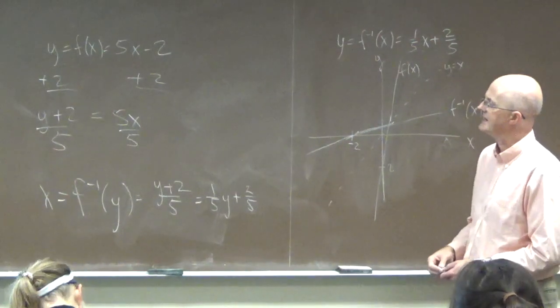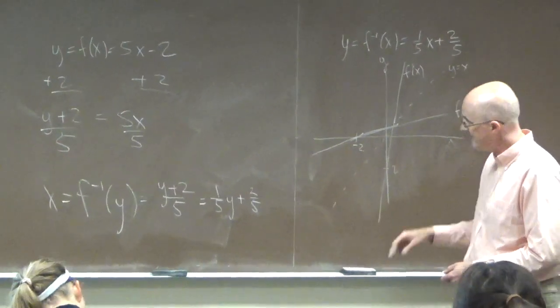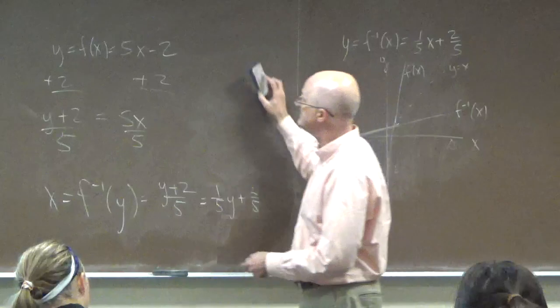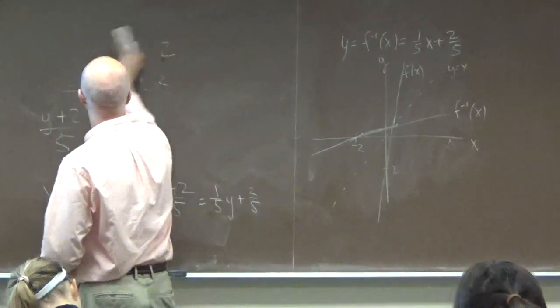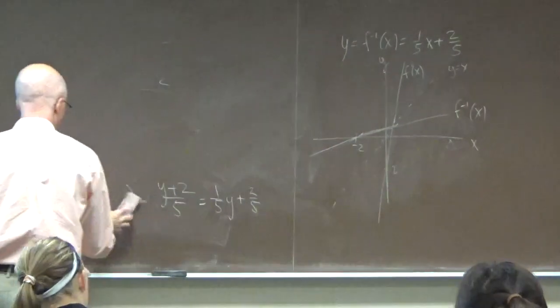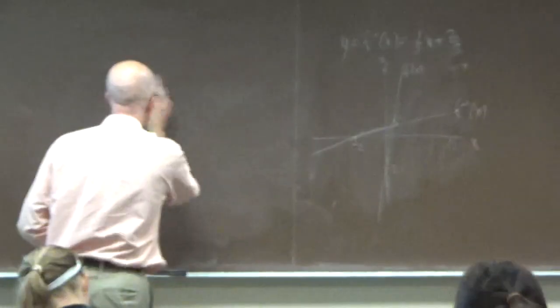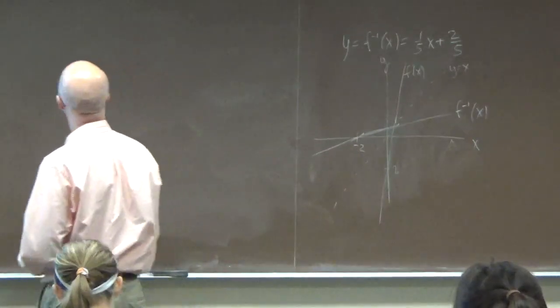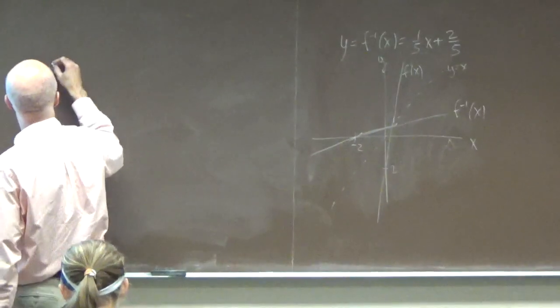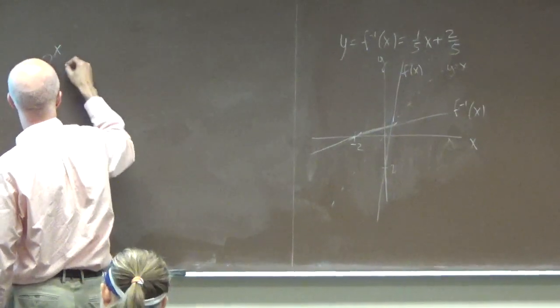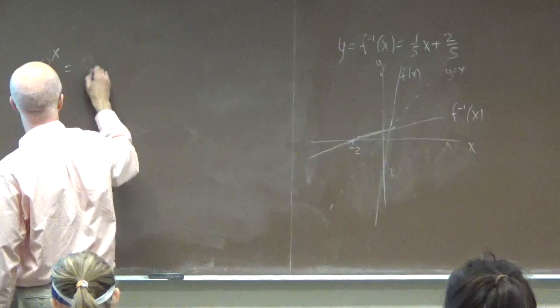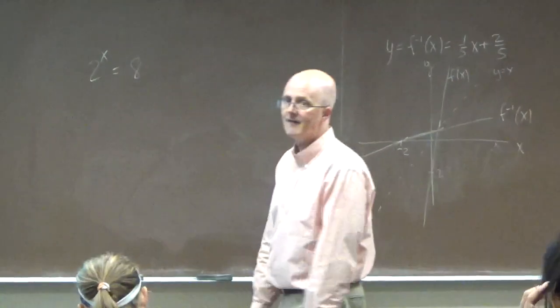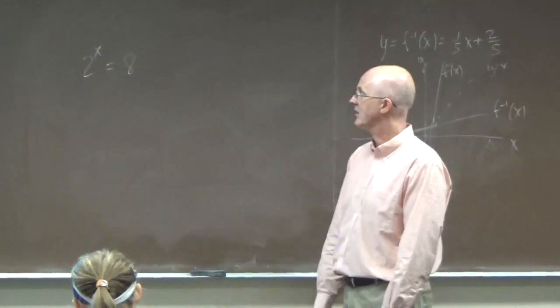What's the idea behind it? Let's talk about the idea in the context of logarithms. Say we take our case of base 2. I'd like to solve that equation for x.